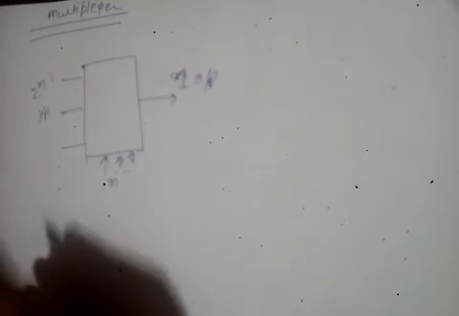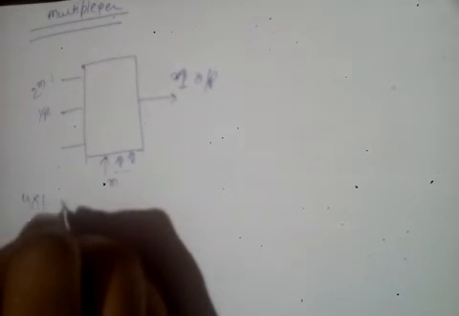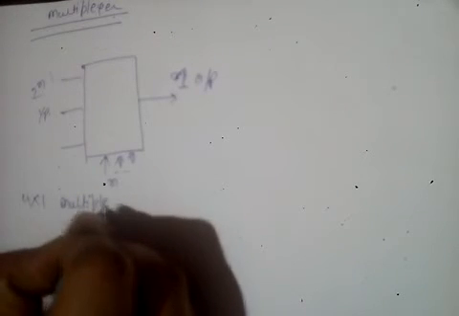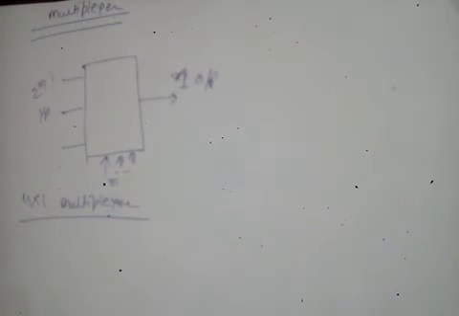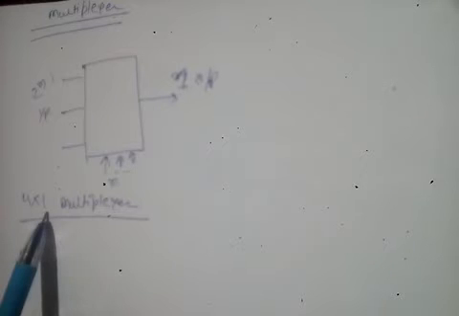So let's check 4 by 1 multiplexer. 4 by 1 means it will have 4 inputs and 1 output.